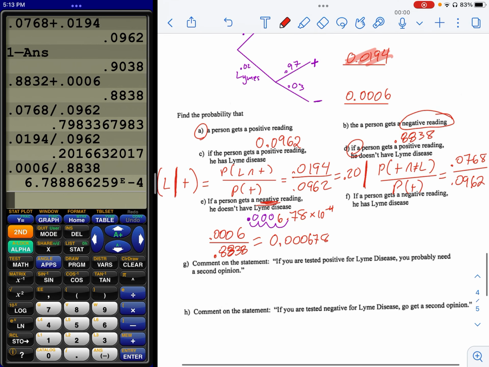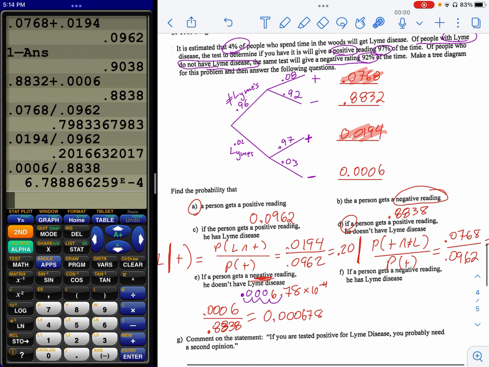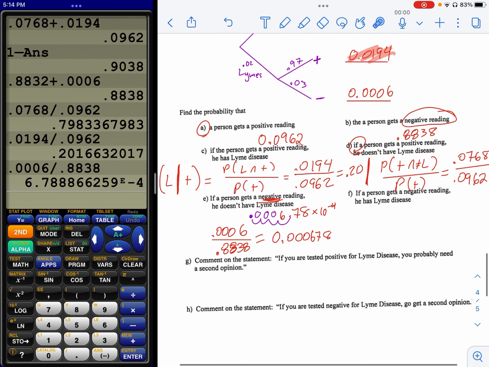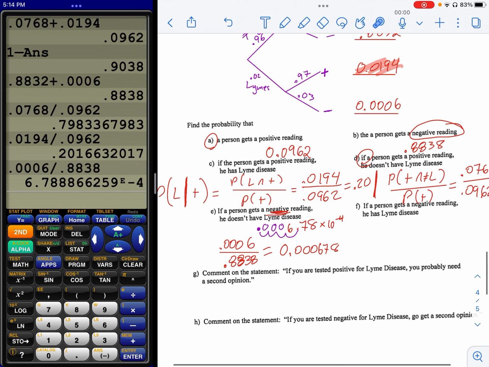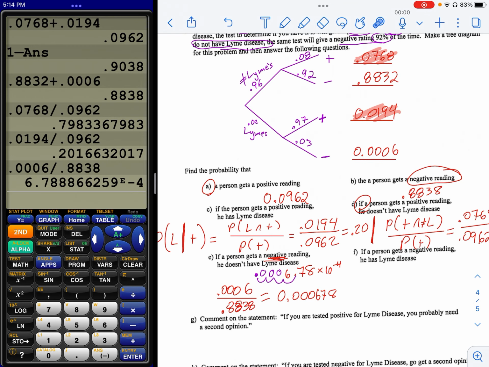It seems really small to me, like something's wrong. If a person gets a negative reading, that's this, which is that. He doesn't have Lyme's. So the numerator should be the probability that you don't have Lyme's and you have a negative reading.